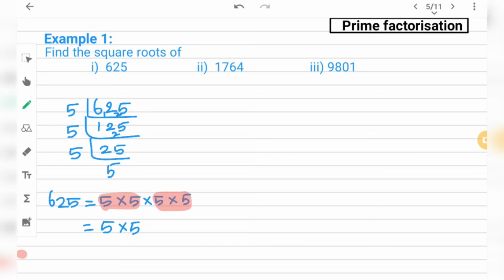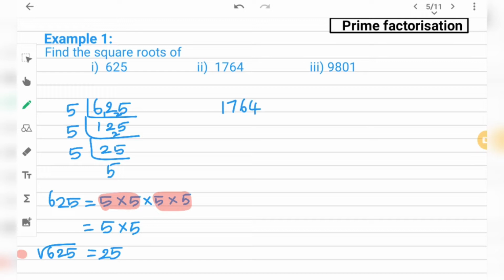What is 5 into 5? 5 into 5 is 25. So the square root of 625 is 25. Is it easy? Yeah. Now I am going to do this second problem.